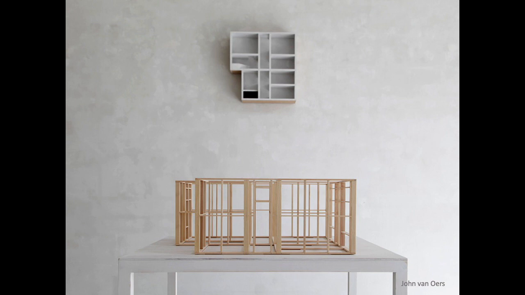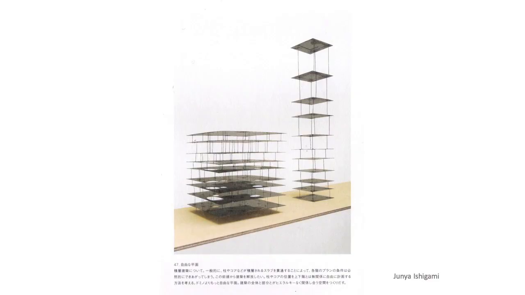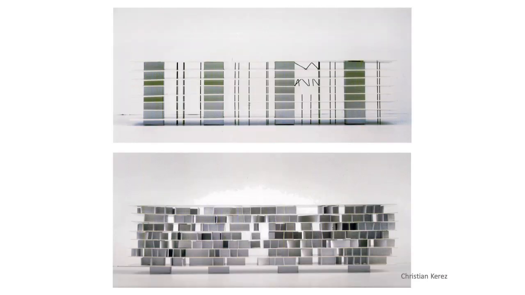This is an artwork by a Belgian artist, John van Oers. It could be something like this, a project by Anne Holtrop. This looks very simple. Something fragile like this, Junya Ishigami, Japanese architect. It could explore already stability or how you achieve stability.